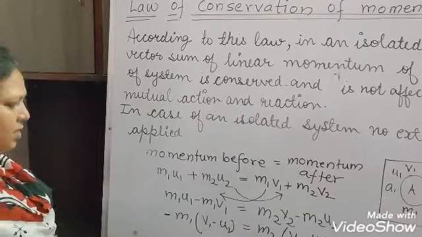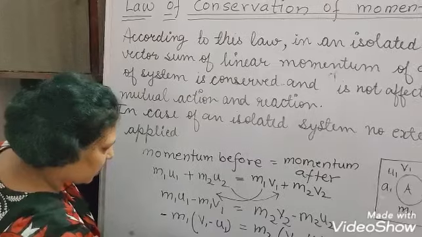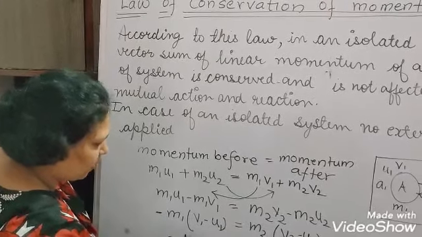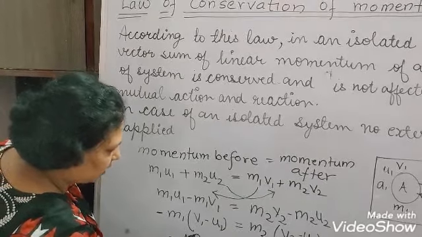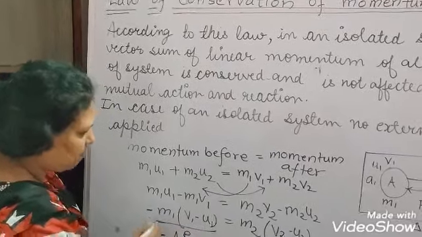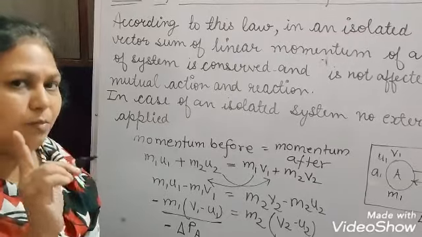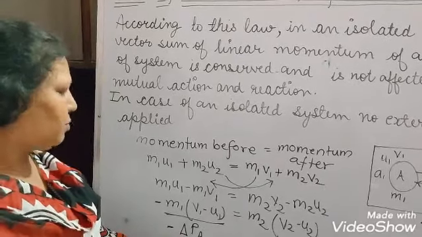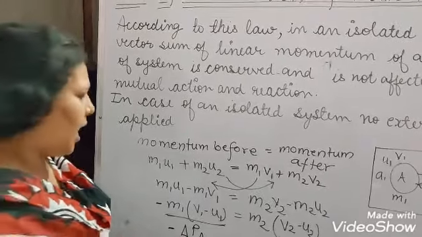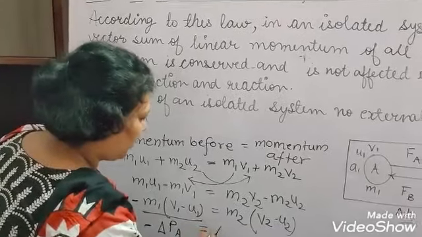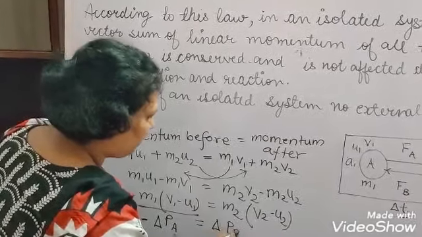So here we can write, let the change in momentum in body A be the mass into change in velocity, that will be the change in momentum in the first body, that is the body A, and here the change in momentum in the body B.